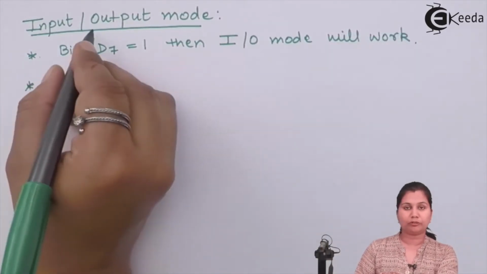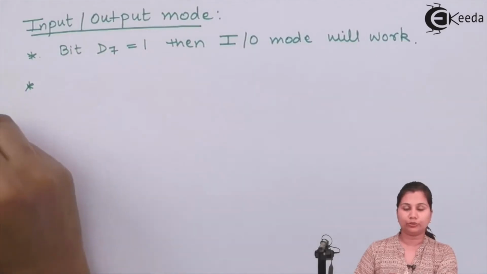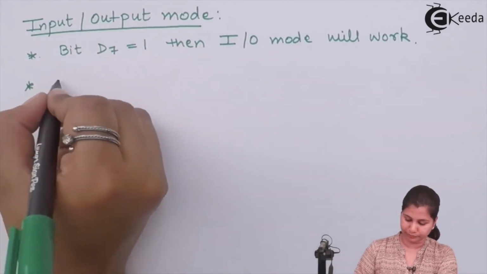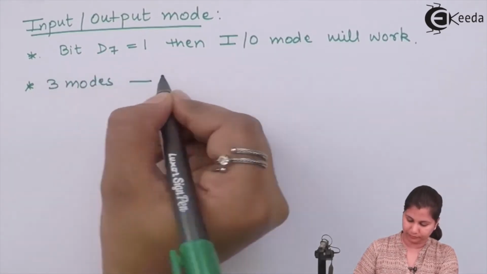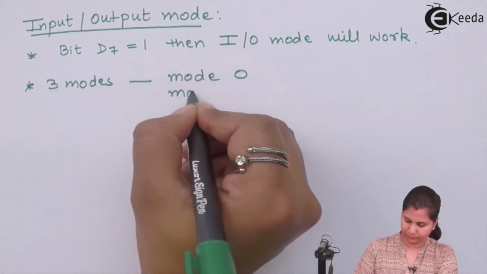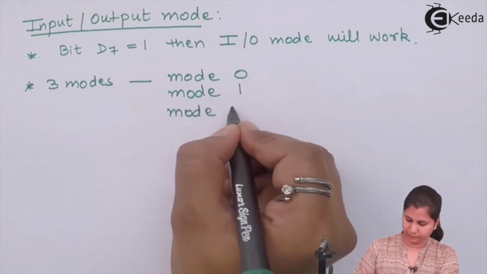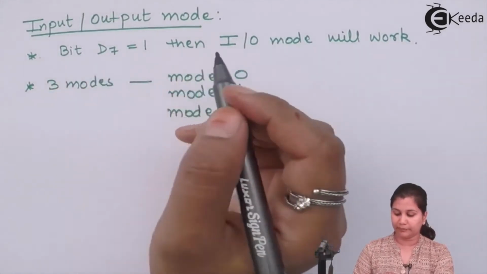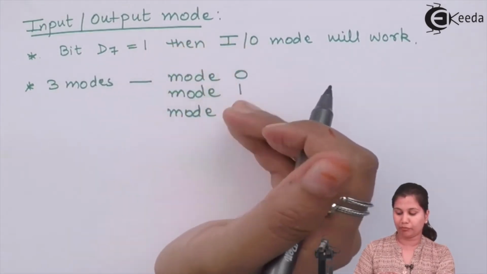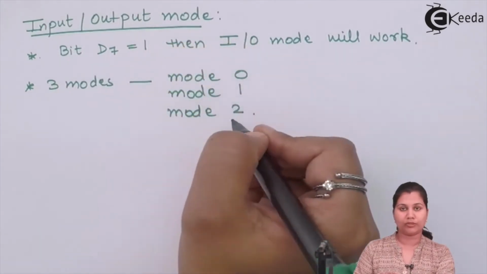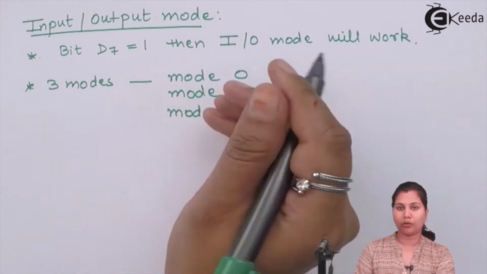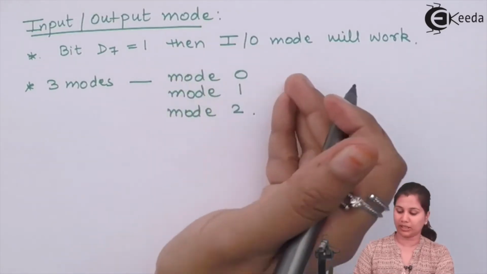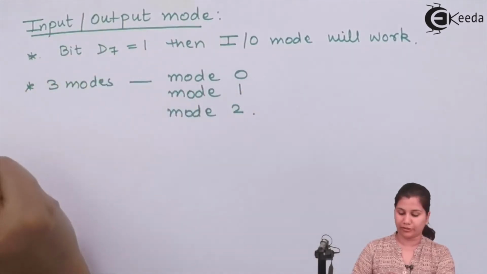Now this input output mode is further divided into 3 modes: mode 0, mode 1 and mode 2. So ports A, B and C can work in any of these 3 modes in input output condition.